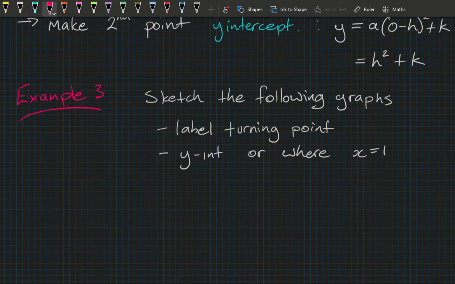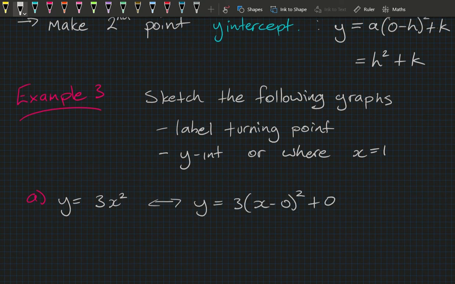All right, so part A, we've got y equals 3x squared. Now we can rewrite that as y equals 3 times x minus 0 squared plus 0. And this hasn't changed anything, right? Adding zeros doesn't change a thing, but it is helpful to do this because we can see where the turning point is. So these here are our h and k.